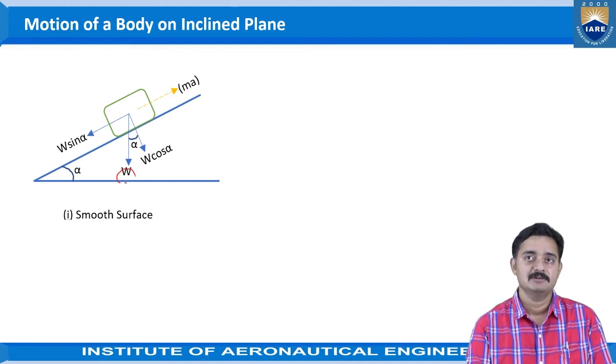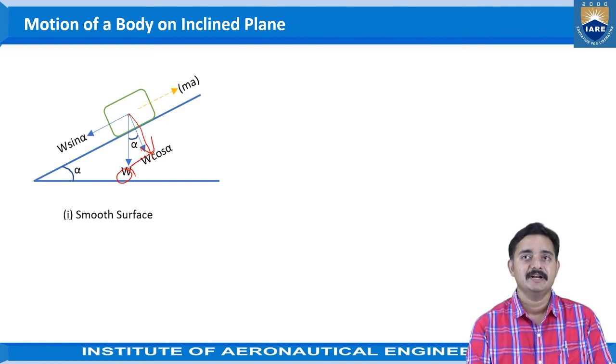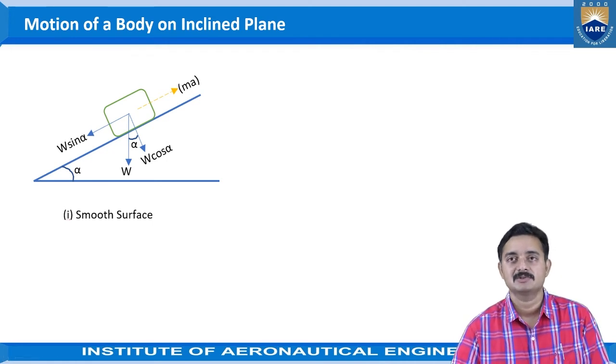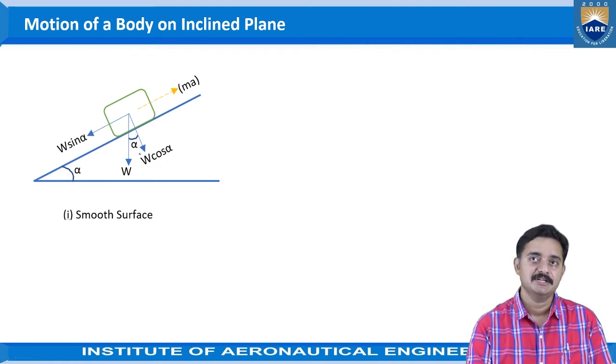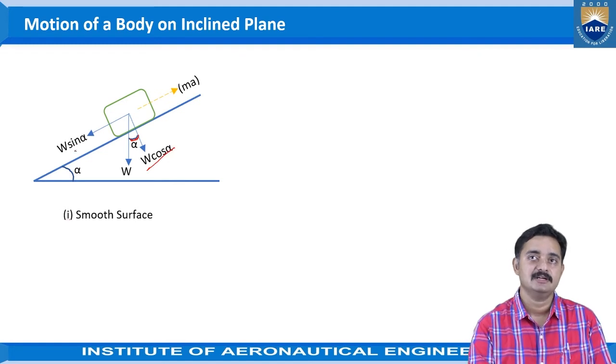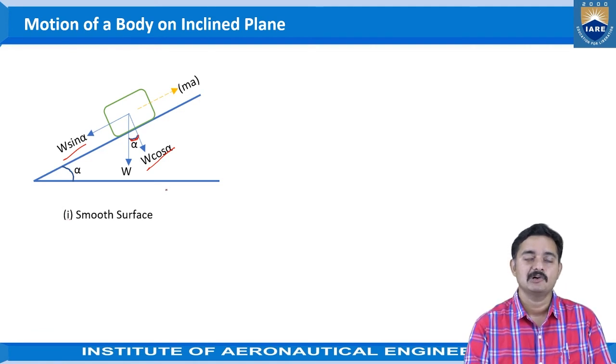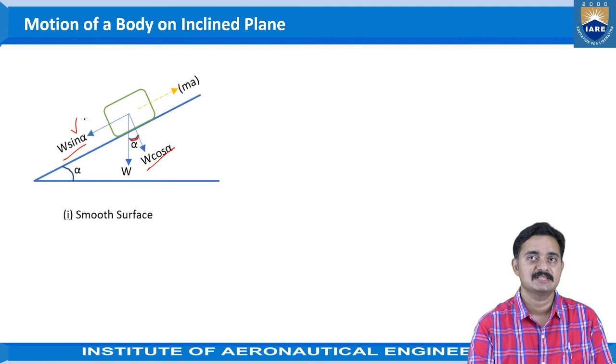So this vertical force W will be resolved into components. This is the vertical component and this is the horizontal component. These two are the components of the force because of W. The component normal to the plane is W cos alpha, and the along the plane component is W sin alpha.